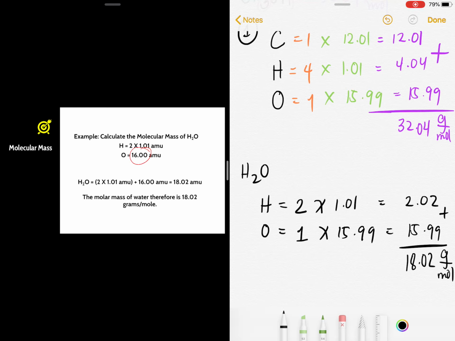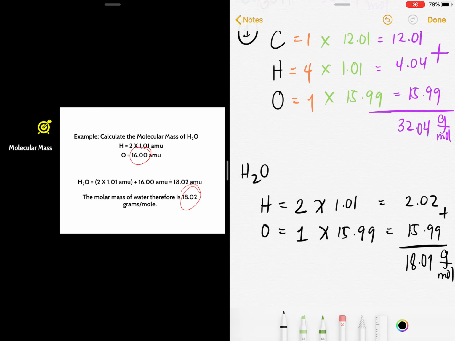Kasi pag yung normal na periodic table na nabibili natin sa stores, may ibang values. For example, sa sulfur, dalawa yung molecular mass na nandun, 32.06 at saka 32.07. Though maliit lang naman yung discrepancies, wala naman masyadong problema. Katulad dito, 18.02, ito ay 18.01, sorry. 18.01 yung nakuha natin dito. Maliit lang yung diferensya. Okay?